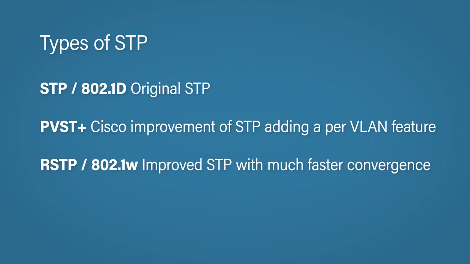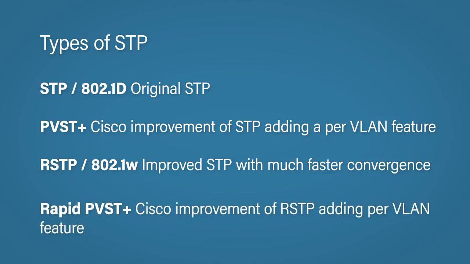RSTP, or 802.1w. This is the new and improved STP with a much faster convergence. And Rapid PVST. Again, it's the Cisco improvement of RSTP, adding the per VLAN feature.